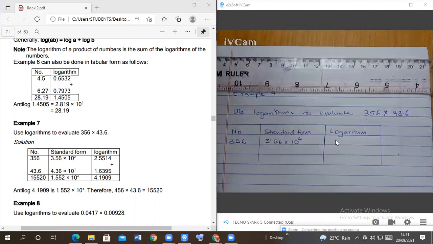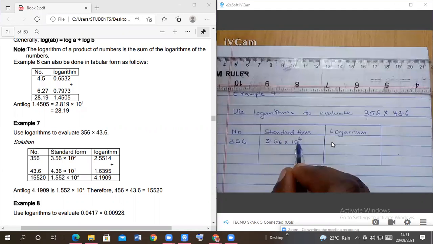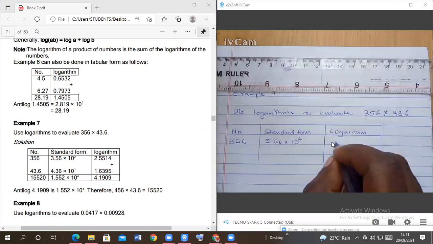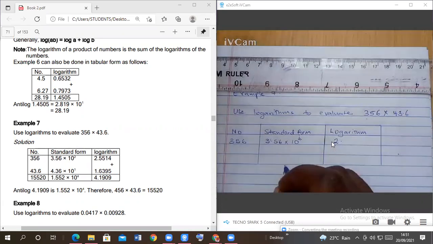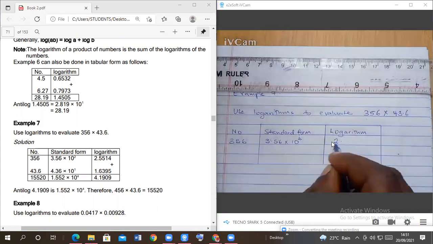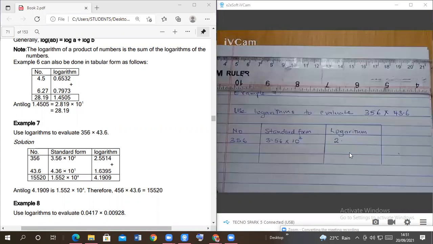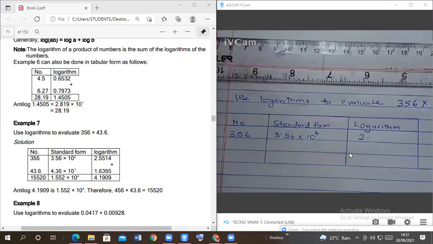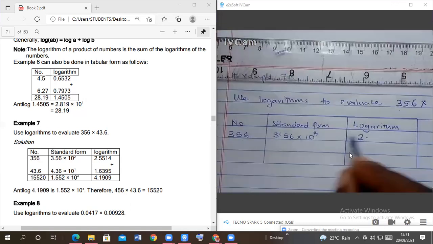Now what we are going to do is first write the characteristic, and this characteristic is the power of 10. So the power of 10, we come and write it here, then a point. If that power was negative, we would have written 2 with a bar on top. But since the number is positive, we just write 2, then point.